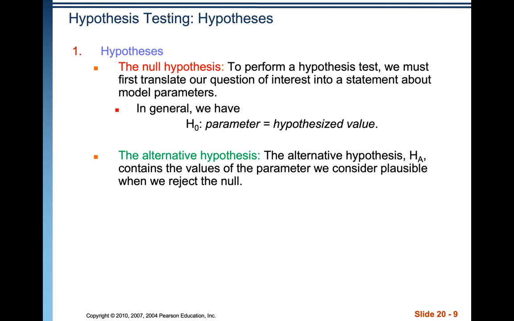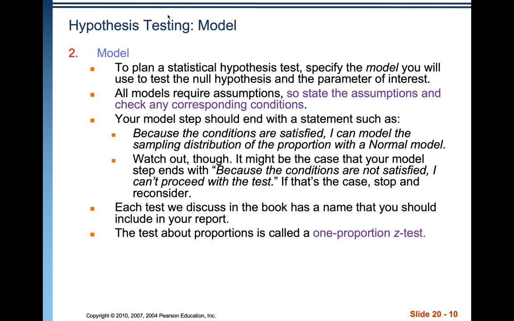To perform a hypothesis test, we must first translate our question of interest into a statement about the model parameters. In general, we will have H naught, the null hypothesis: parameter equals some hypothesized value. The alternative hypothesis, HA, contains the value of the parameter we would consider plausible when we reject the null.